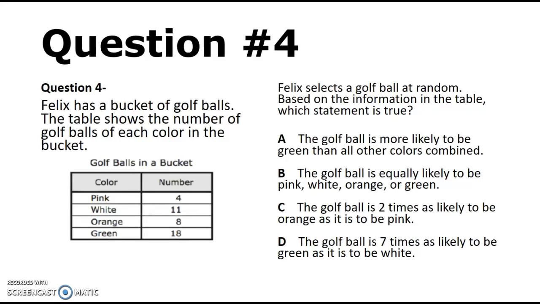B. The golf ball is equally likely to be pink, white, orange, or green. C. The golf ball is 2 times as likely to be orange as it is to be green. D. The golf ball is 7 times as likely to be green than it is to be white.